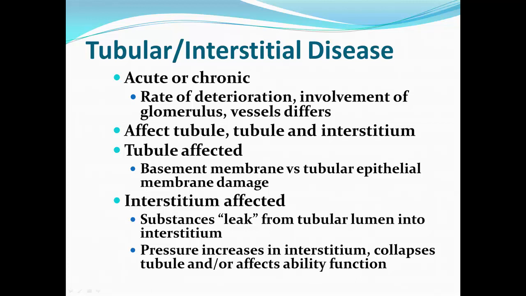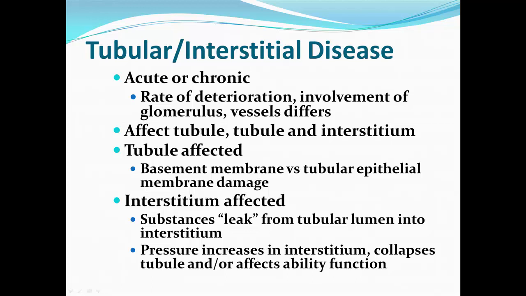So in an acute disease, it happens rapidly, but the glomerulus and the vessels are spared. In chronic tubulointerstitial disease, this happens slowly, and it's characterized by fibrosis and atrophy. It does eventually affect both the glomeruli and the vessels as it is long-term and isn't corrected.